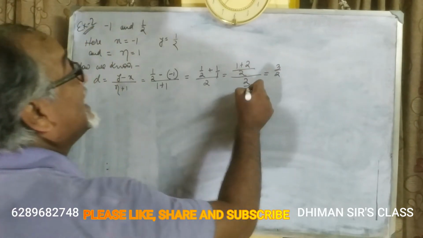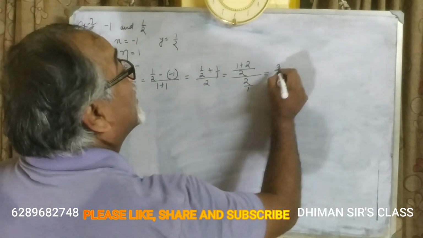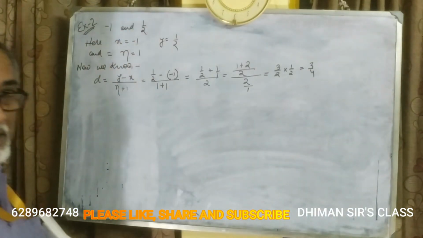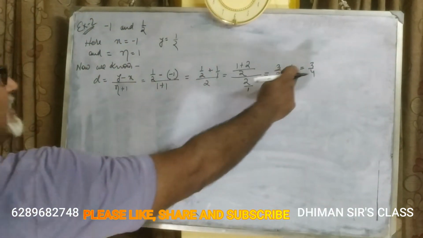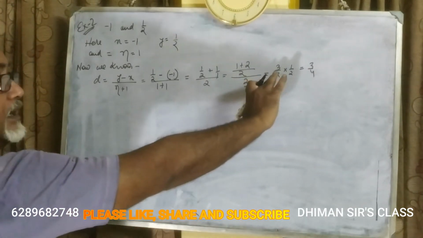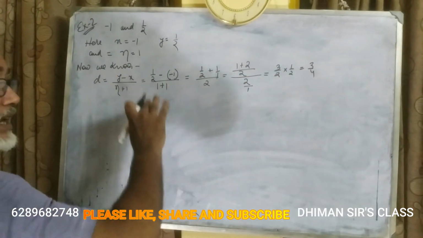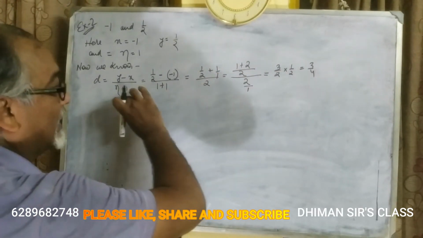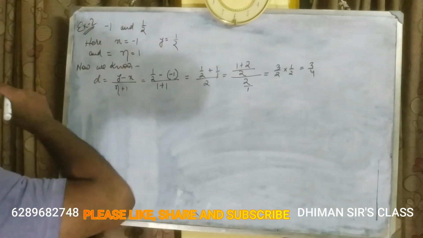If there is nothing here, let it be 2 by 1 into 1 by 2 is equal to 3 by 4. Okay students, so value of D is 3 by 4. Full steps, I have not jumped any step, as if you don't know. That is why I have done all the steps.